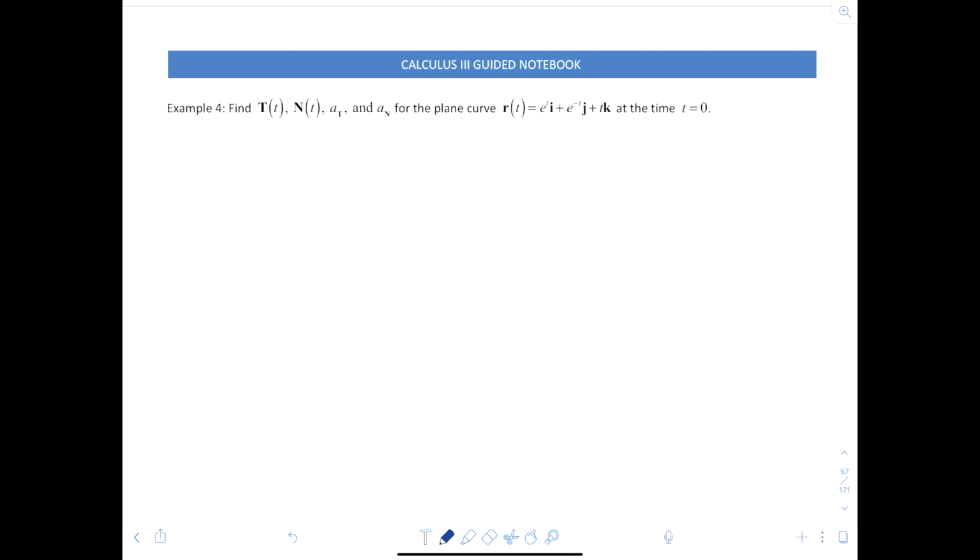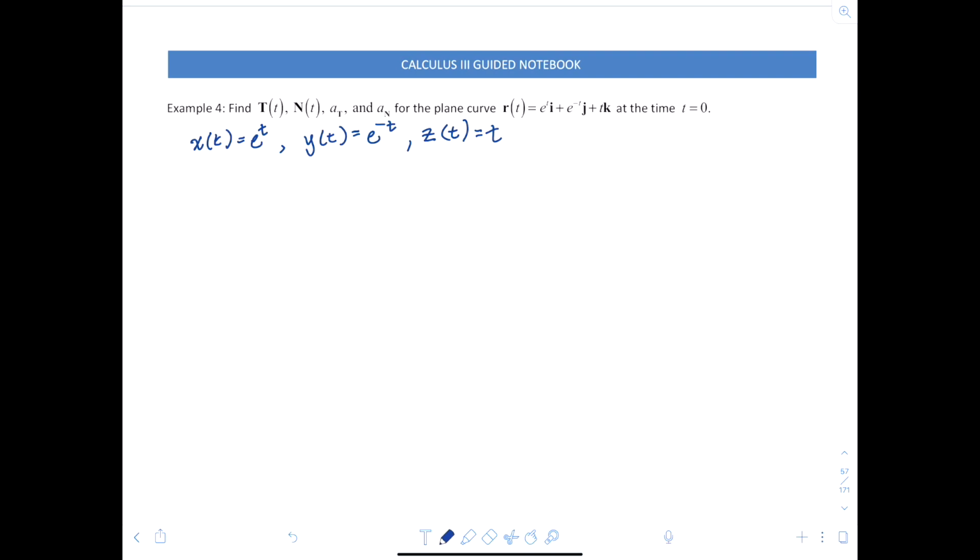Just so we know we're all squared away, what's x(t)? x(t) is, beautiful, e to the t. y(t) was e to the negative t, right? And z(t) is equal to t. Cool so far?